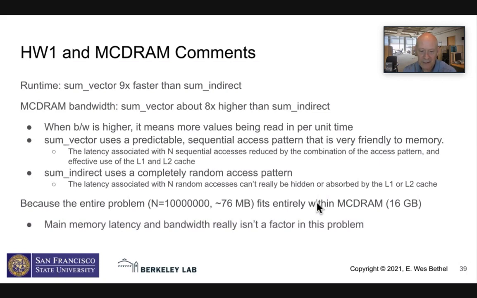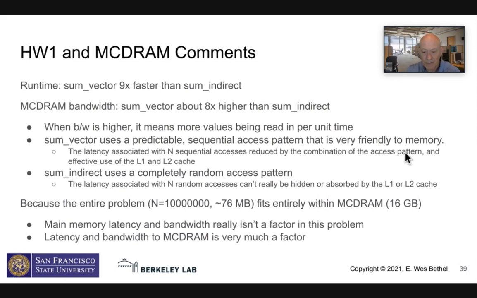So main memory latency and bandwidth isn't really a factor in this problem, but MCDRAM latency and bandwidth is very much a factor. So knowing something about your problem size and the machine architecture is very useful to help you in doing diagnosis and analysis of performance when you start digging into things at this level.